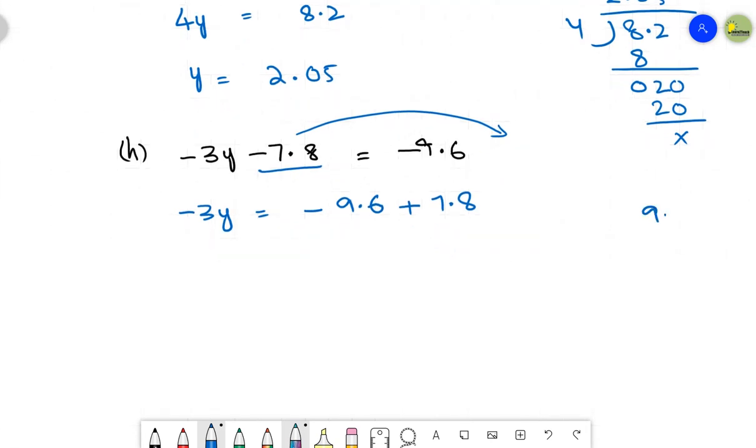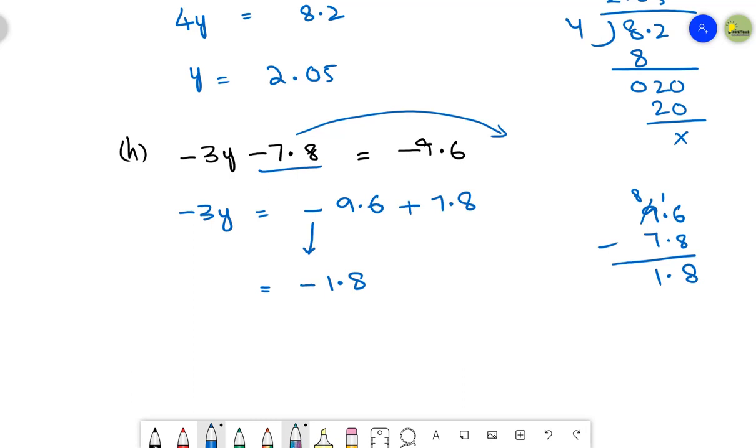Now you need to subtract both the numbers. 6 minus 8, not possible. Take a carry 1. 16 minus 8 is 8. Keep the decimal point. And 9, it is not 9 now, it is now 8. 8 minus 7 is 1. So 1.8 is going to be the answer of subtraction, and keep the minus sign with it.